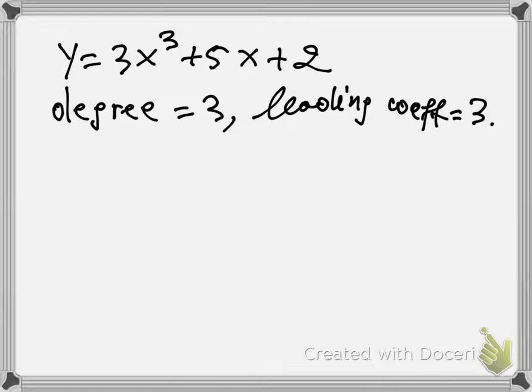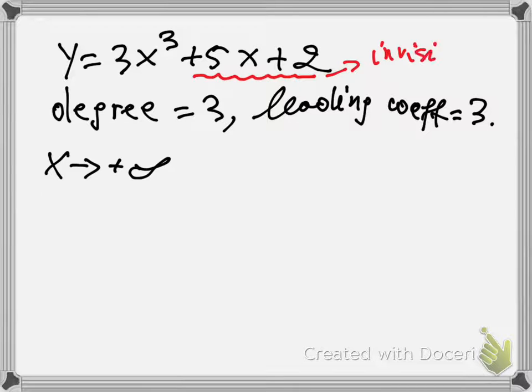When x becomes very large, so let's say x goes to positive infinity, what happens with the polynomial is that 5x plus 2 kind of become invisible, and the function behaves like the leading term alone.